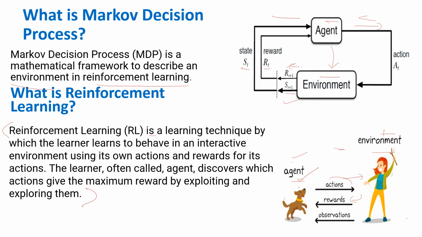And with the reward it gets, it is going to either stay in that particular state and keep exhibiting that action, or it will transit to another state, S_(t+1), and choose some other action from that particular state. This is going to go on again and again till the goal is reached.